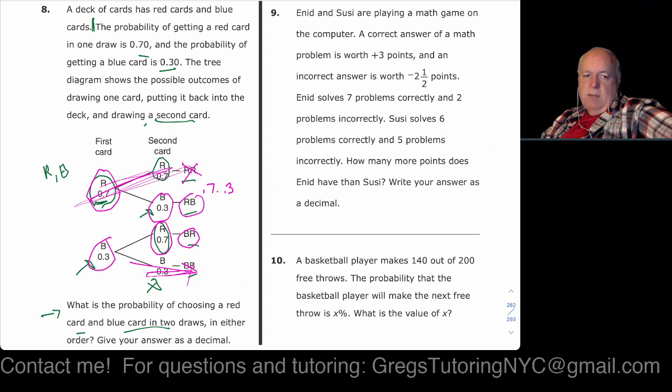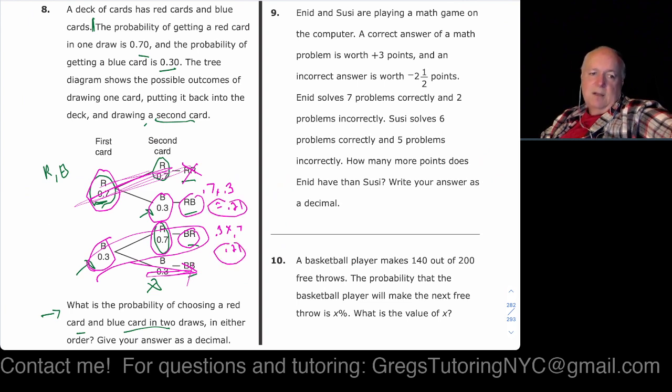So the probability of doing an RB is 0.21. Then if we follow that same logic with the BR, the probability of pulling a B is 0.3, and that's multiplication, pulling an R is 0.7. This is also 0.21. So we have 0.21 and 0.21, and it says either.